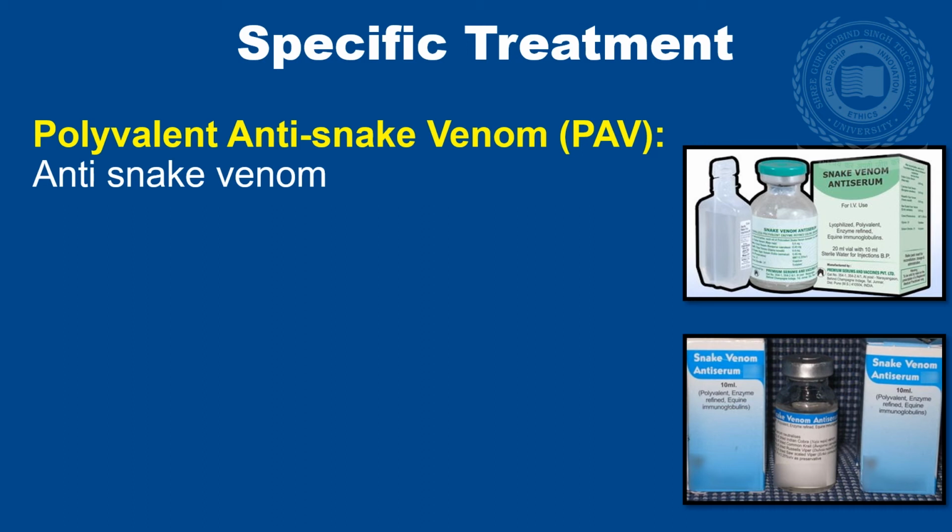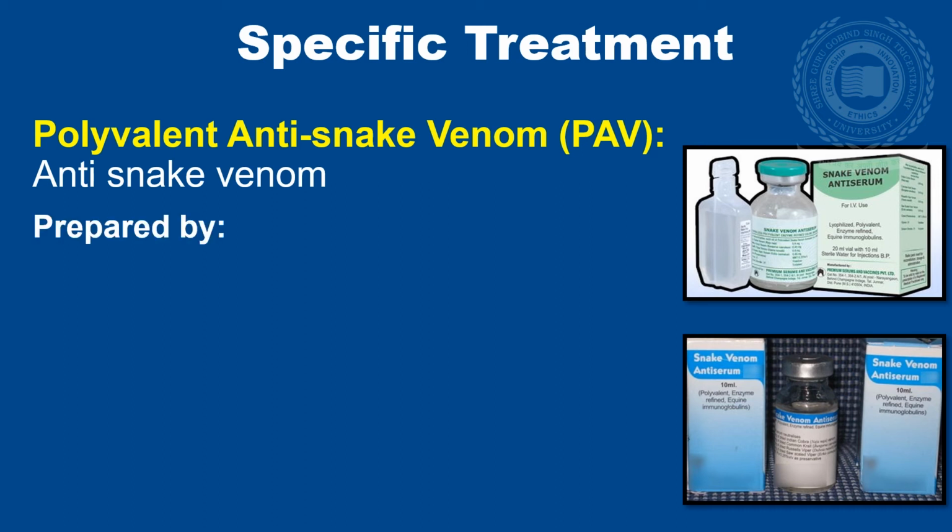Specific treatment of snake bite is done by polyvalent anti-snake venom, that is PAV, or simply called anti-snake venom. Why is it called polyvalent? Because it contains anti-snake venom against all the 4 poisonous snakes present in India: cobra, krait, Russell's viper and saw-scaled viper.